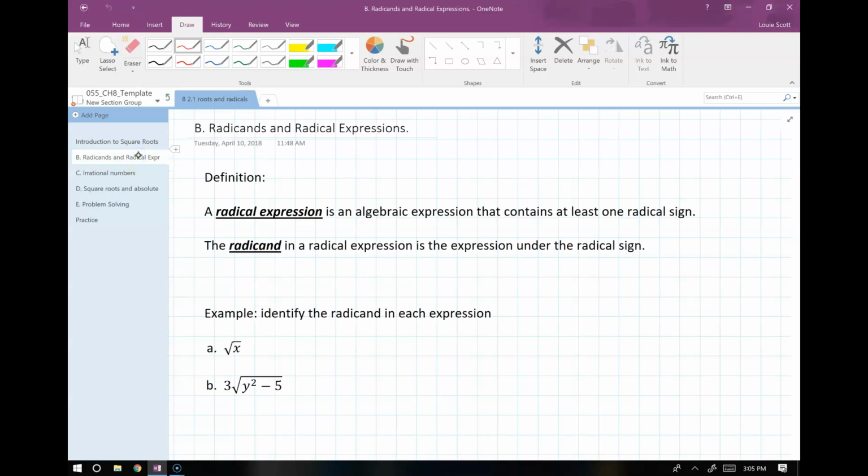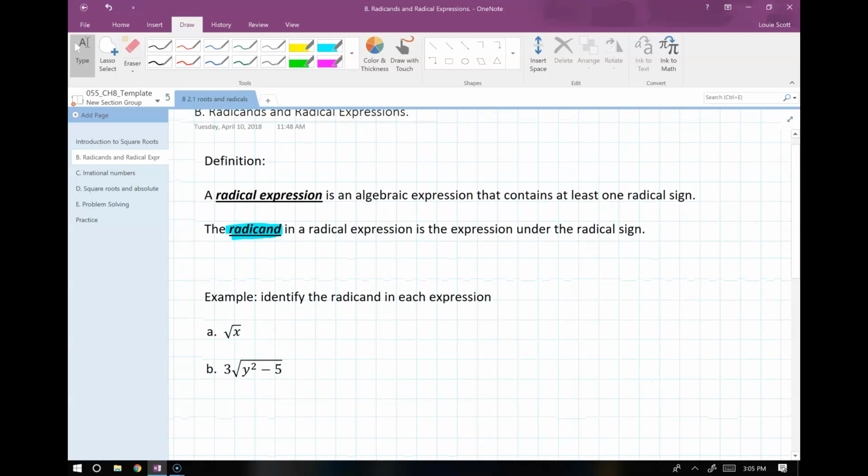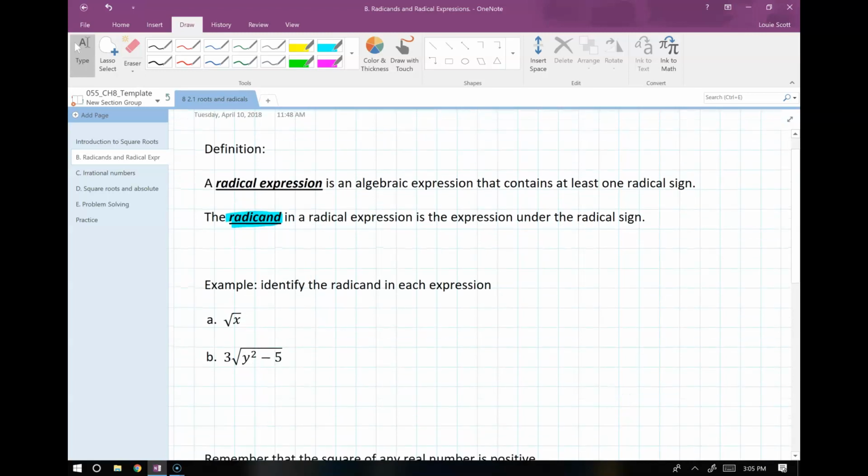Okay, so let's go over just a couple definitions. A radical expression is an algebraic expression that contains at least one radical sign. The radicand in any radical expression is the expression underneath the radical sign. The radicand you will need to know. The radical expression is sort of almost common sense.